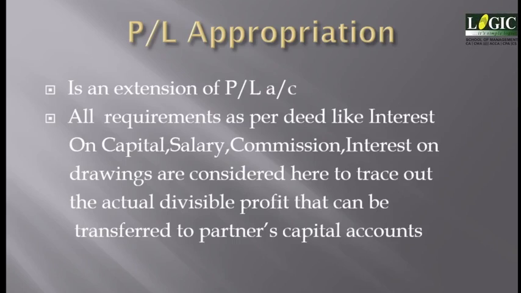Now, the starting point of profit or loss appropriation account will be the output of the profit or loss account, that is the net profit, or you start with the net profit derived from the profit or loss account. Okay.